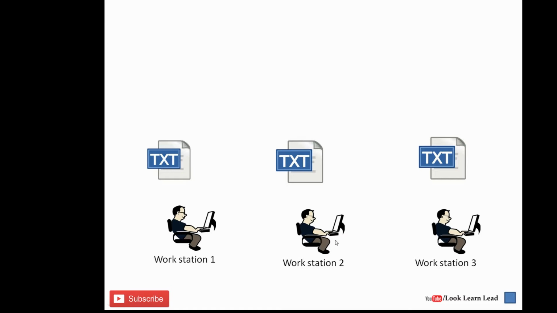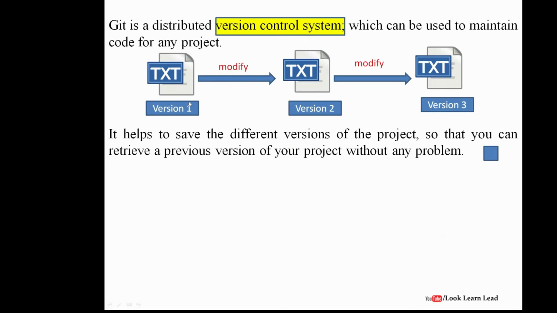Similarly, the person at workstation 2 is unaware of the changes made by the persons at 1 and 3, and the person at 3 is unaware of the changes at 1 and 2. To solve this confusion, we have Git.